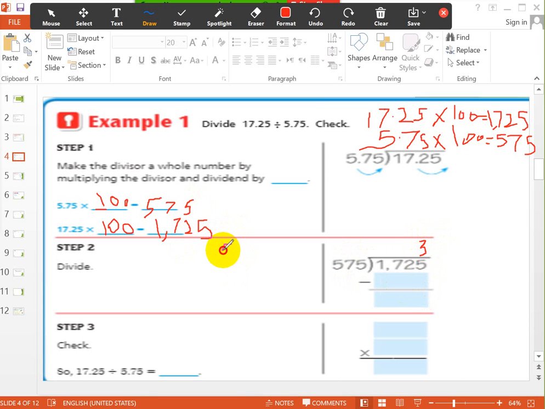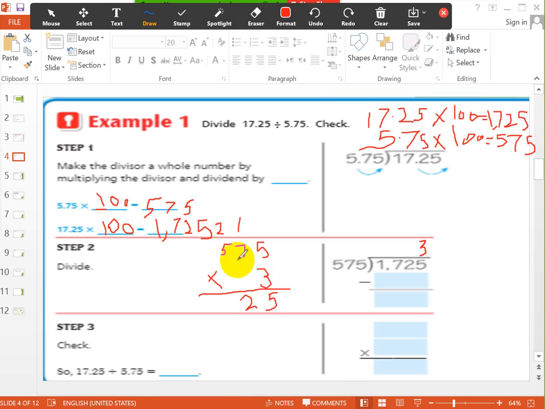So look, if you multiply 575 by 3, the answer will be what? 3 multiplied by 5 equals 15, so it will be 5 here and 1 above the tens. Now 3 multiplied by 7 equals 21, plus 1 equals 22. So I put 2 here and 2 above the hundreds.